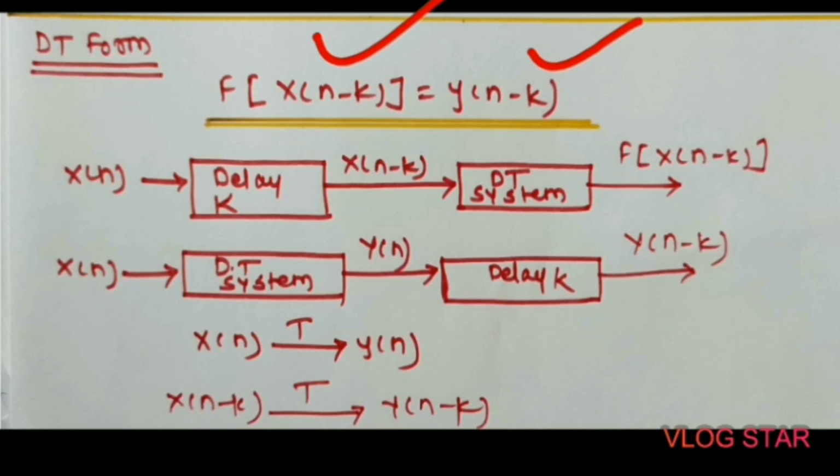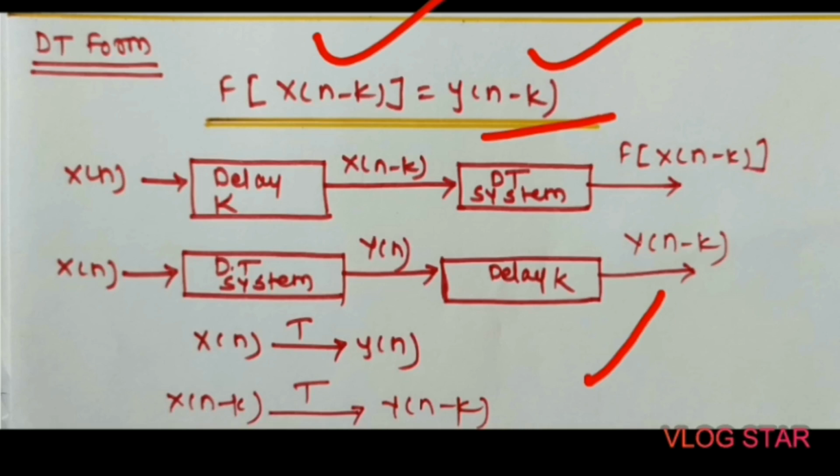This can be mathematically expressed as follows: f of x of n minus k is equal to y of n minus k. A discrete time system is said to be a shift variant system if it does not satisfy the above equation. This principle of shift invariance is demonstrated in this figure.